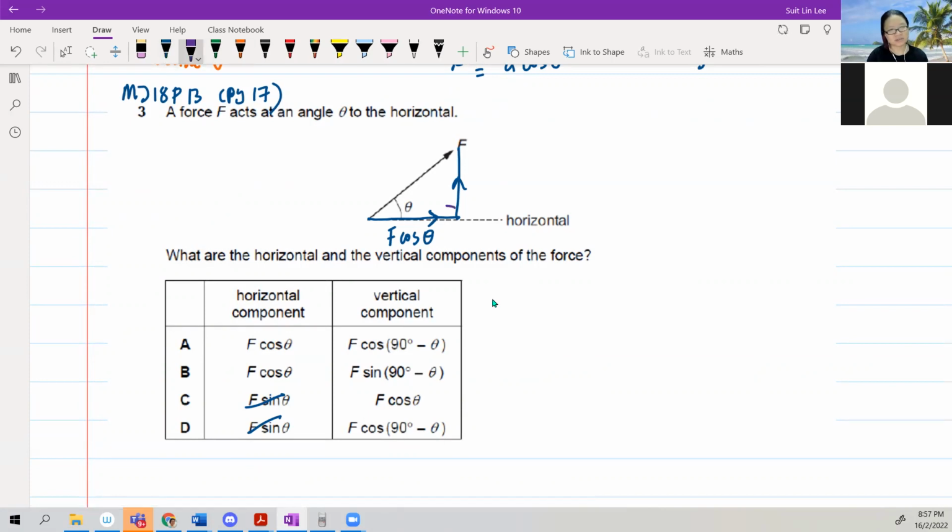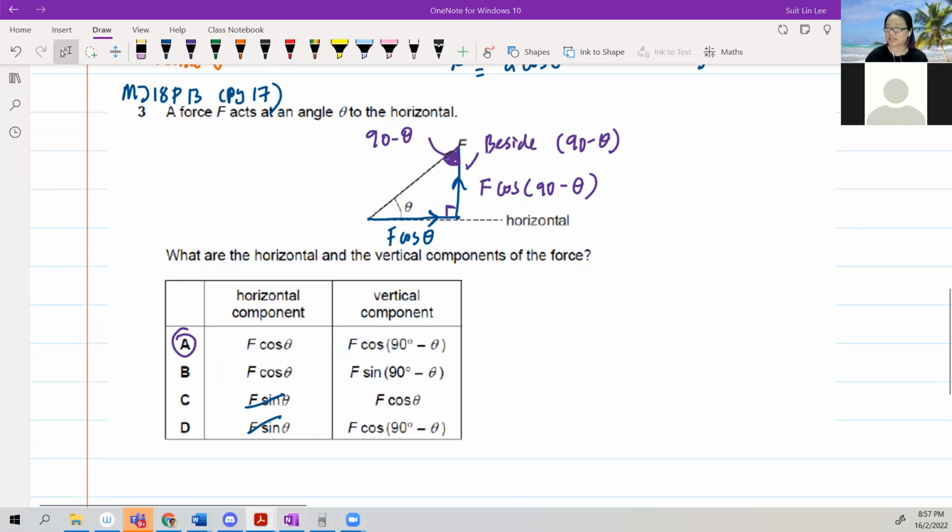This is 90, right? Right angle triangle. So this angle here is 90 minus theta, which means this vertical component is beside the angle 90 minus theta. So you can write this one as F cos 90 minus theta. So the answer is C.